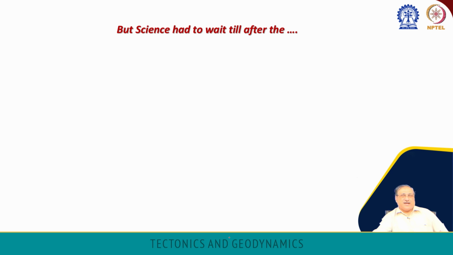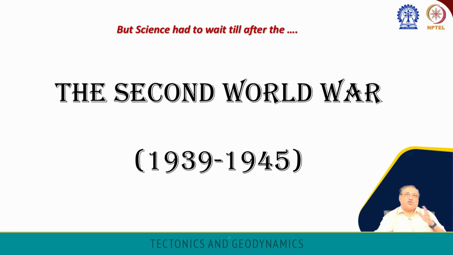So people had wondered about it, but then there was this major event in human history because of which science had to wait. From 1939 to 1945, the Second World War really put a stop to all proper science.